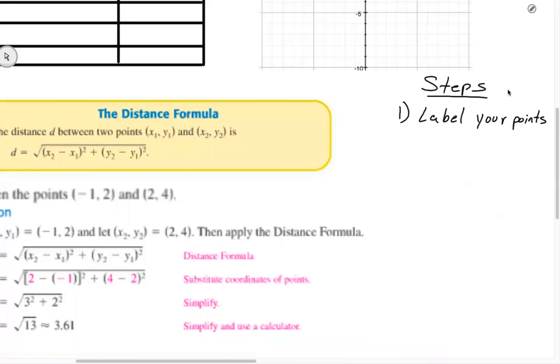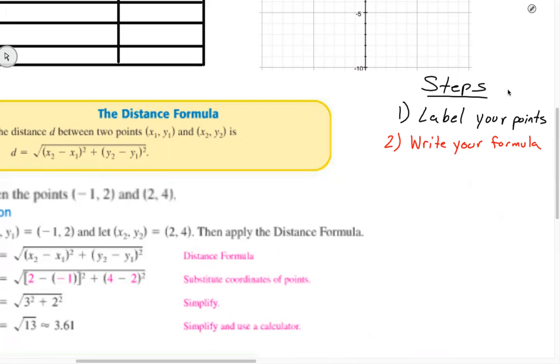Step number 2 is to write your formula. Now, that formula might be m equals y2 minus y1 over x2 minus x1, your slope formula. That may be y equals mx plus b, like Mark said.